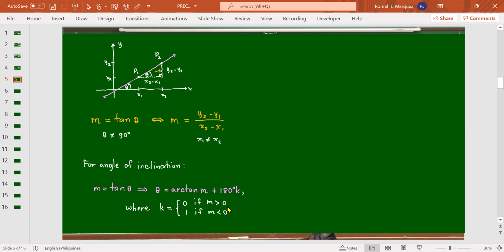Okay? Any question with that? If m is greater than 0, it means theta is acute. If m is less than 0, it means theta is obtuse.